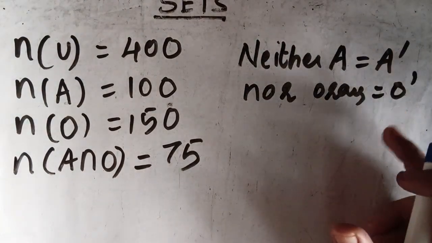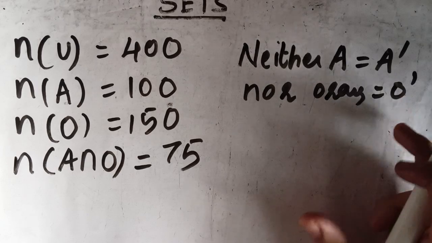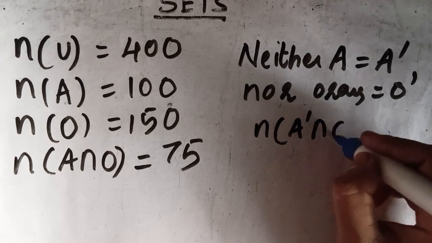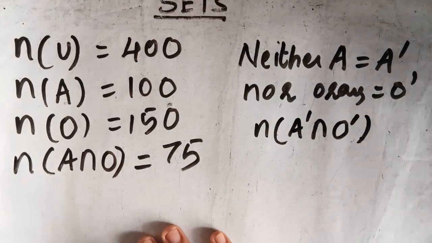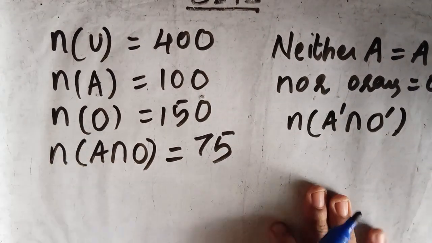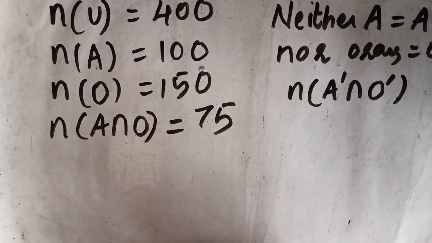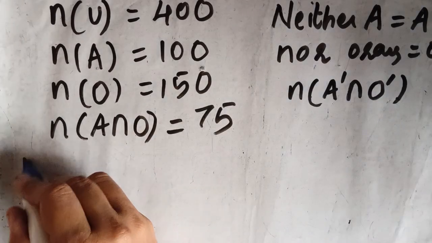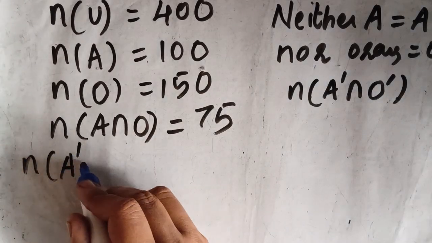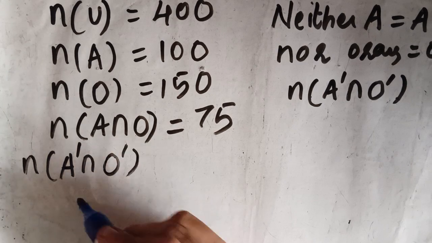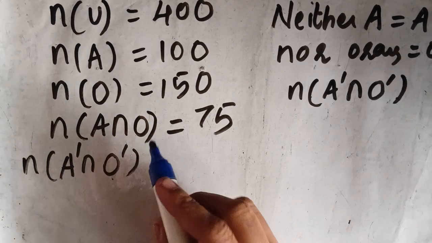So they have said both, which means you have to find this intersection. Here we will make use of De Morgan's law. So first you can write the number of elements in A complement intersection O complement.